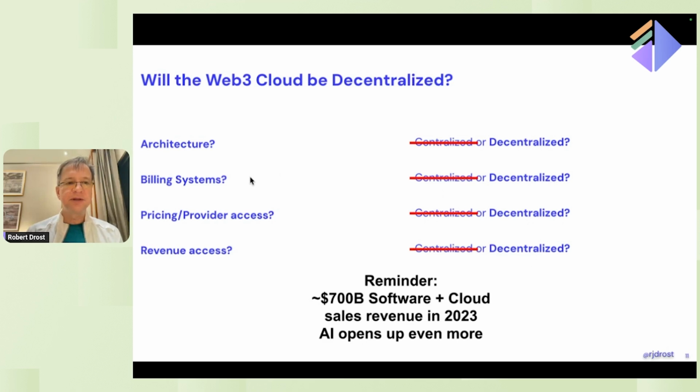Decentralized is important because it means the billing systems, the pricing, and the revenue access are all getting projected back to crypto developers and their projects. And it's not only the $700 billion revenue from last year, it's growing this year already. And I think it's not contentious to say that AI is going to dramatically increase the footprint of what you can do with technology.